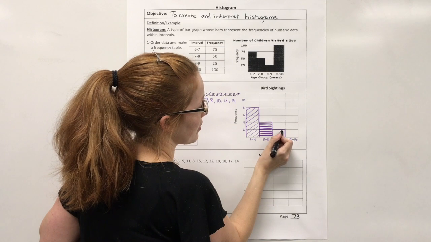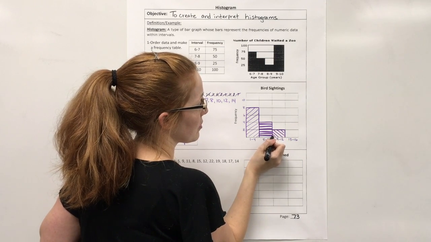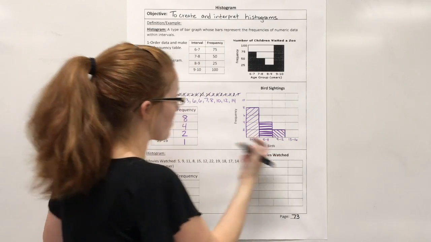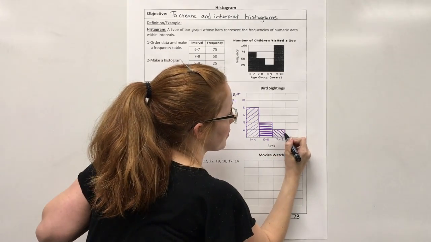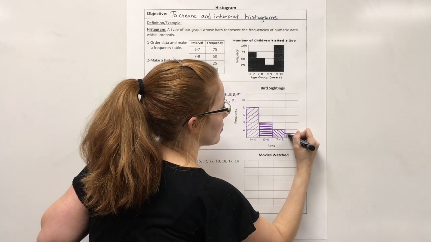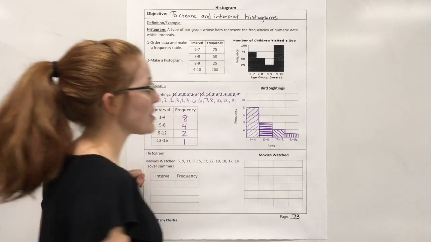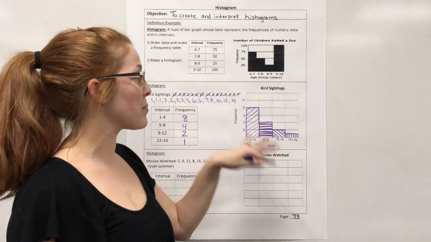And we'll just go the other way. Okay, and then my last one was 1, so that would be halfway between. And we'll go up and down. All right, so there you have it. There's my histogram on bird sightings.